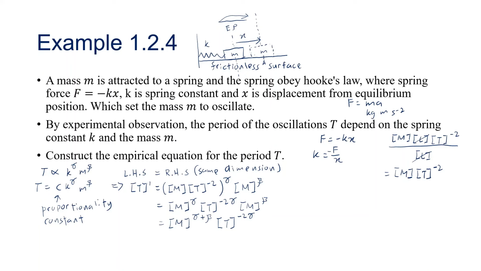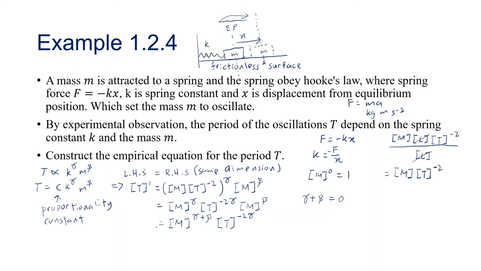That means alpha plus beta must equal 0, because when alpha plus beta equals 0, M to the power of 0 equals 1.